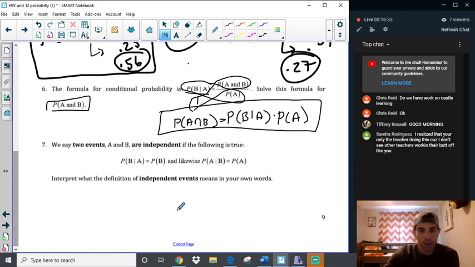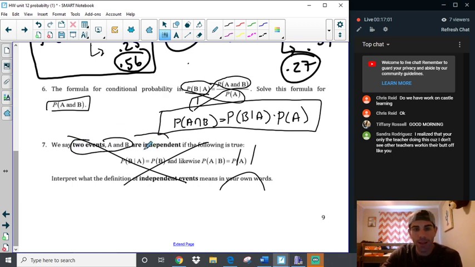And 7, I'm just going to spare you all of the confusion and say, don't worry about it. If you really want to read it and try it, you can play it back. The answer that you could write would be, given A has occurred, it will not change the probability that B will happen. Probability of B given A is just the probability of B. What that means in English is you have 2 events, A and B, and they're independent.